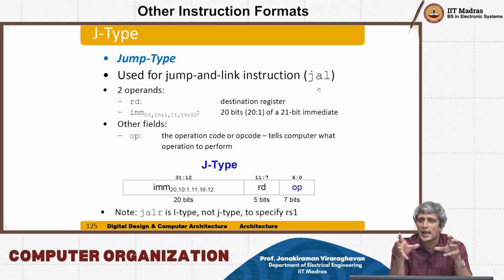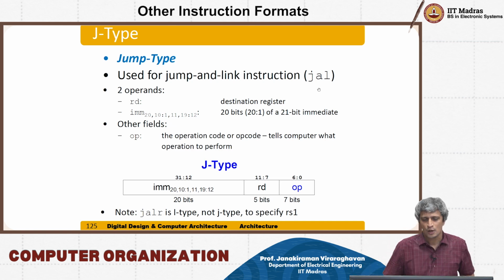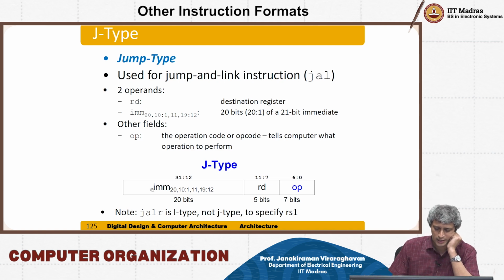That's how you are clubbing instructions and decoding, making the decoding easy for implementation in the microprocessor, right. So you have 2 operands, RD, which is a destination register, and then immediate data, just like the upper immediate instruction, and the opcode, of course.